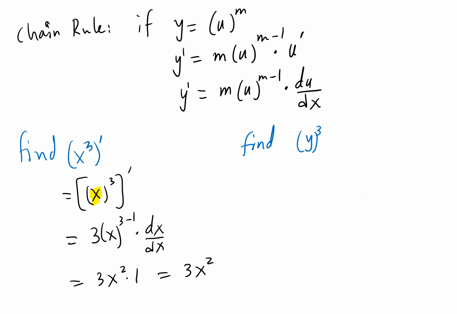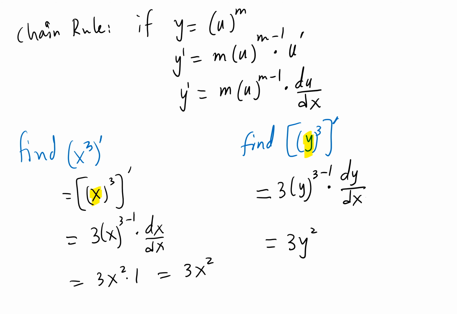But if we are asked to find, just next to it, the derivative of y cubed, unlike x cubed, what do we get? Well, the same procedure. You bring the 3 down, subtract 1, times the derivative of the u, which is y in this case, dy dx.